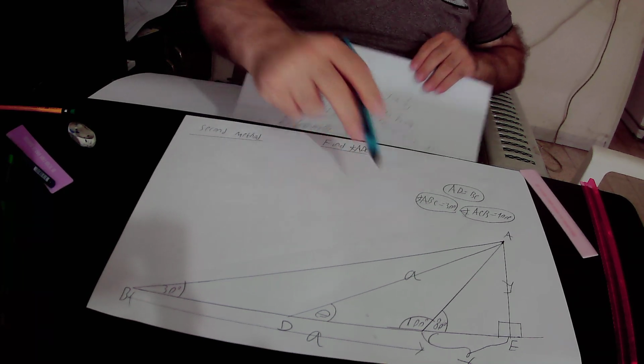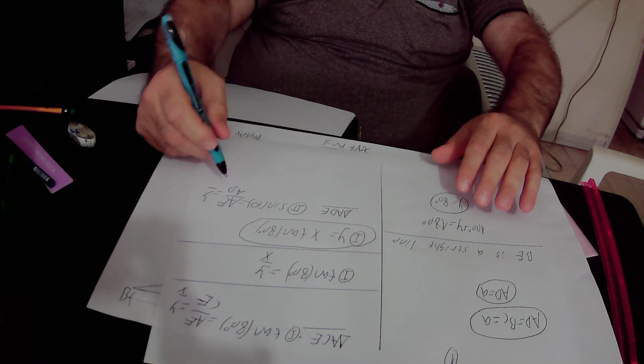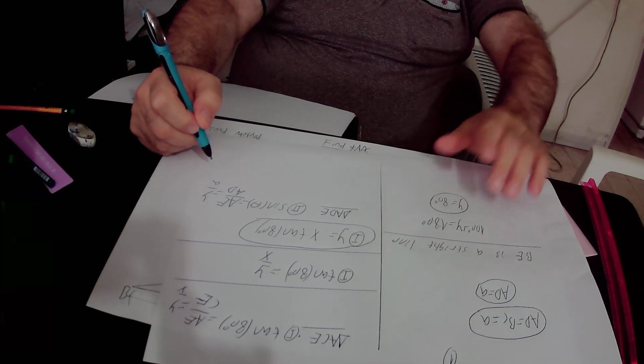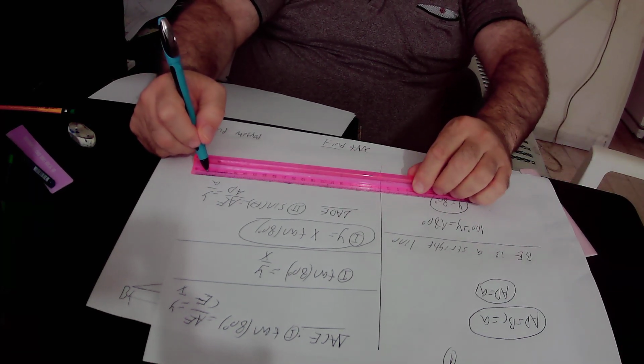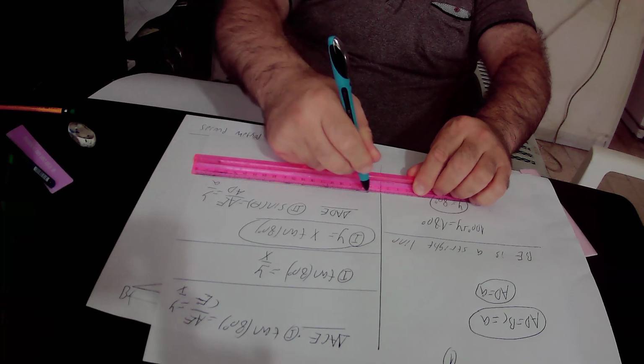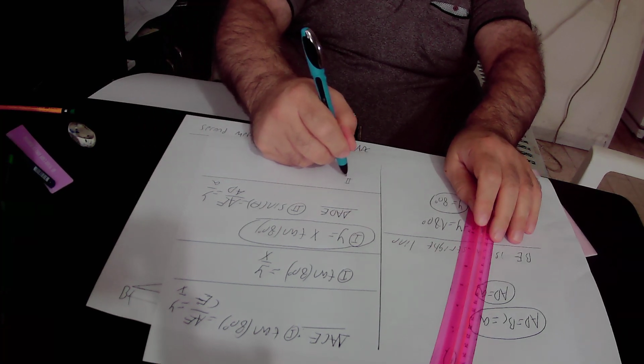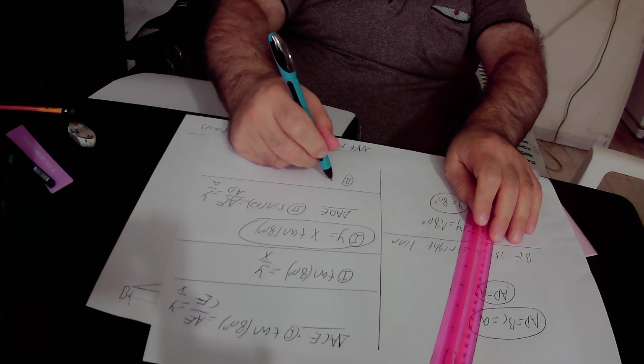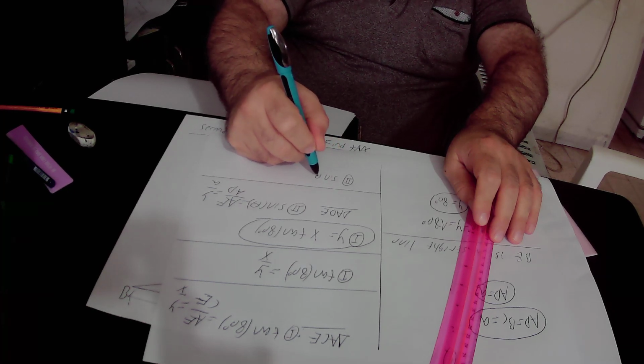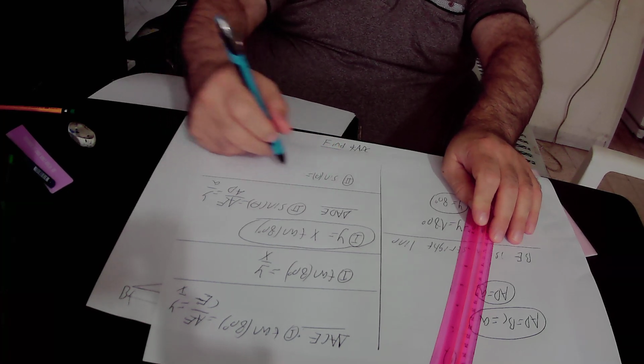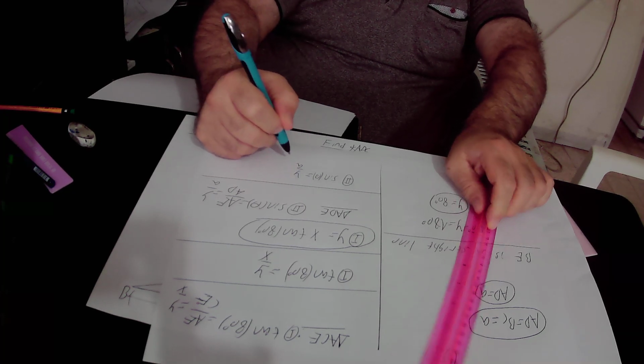So we substitute AD by A. In conclusion, according to equation number 2, sine theta equals Y over A.